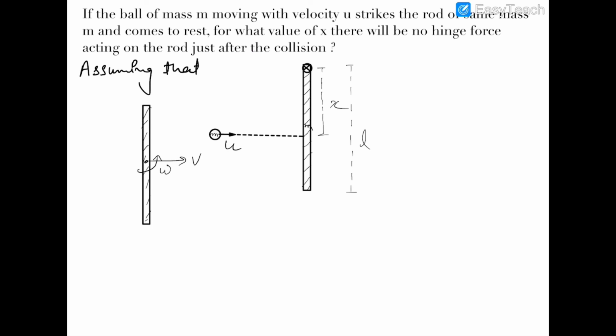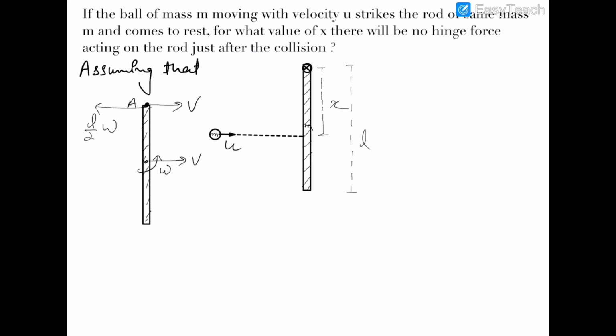So if we talk about this point which is hinged in the real case, the velocity of this point would be v due to the translational motion and L by 2 omega due to the rotational motion.